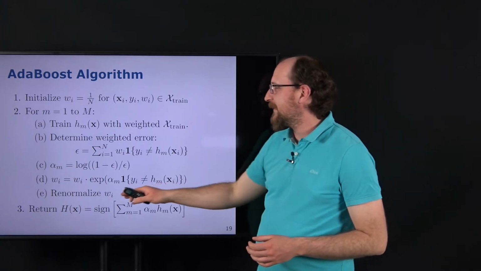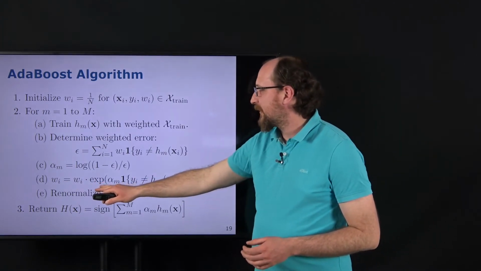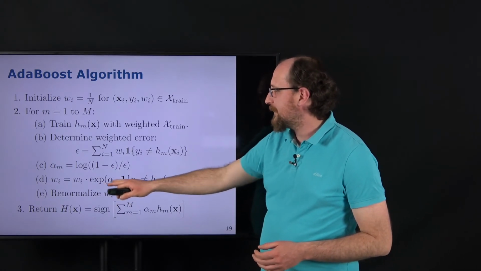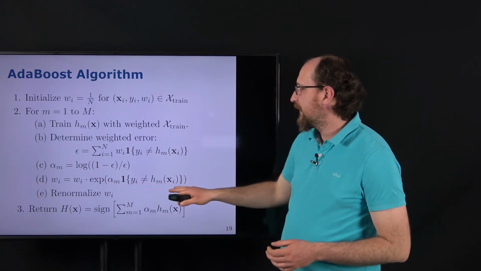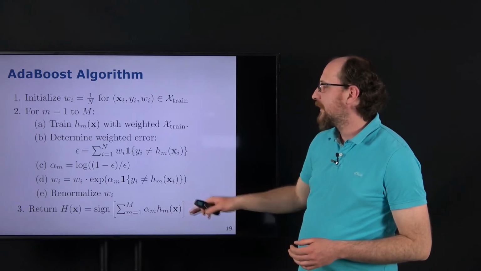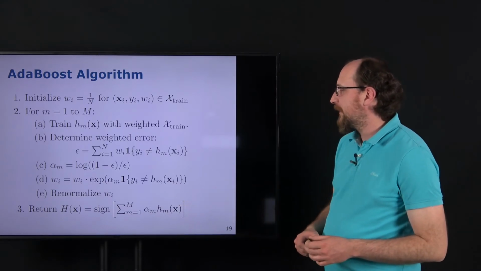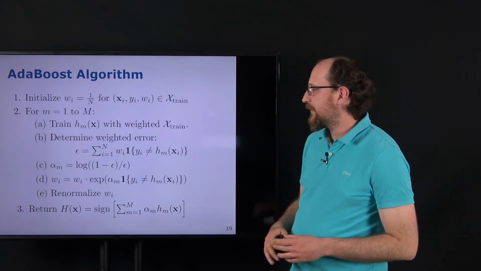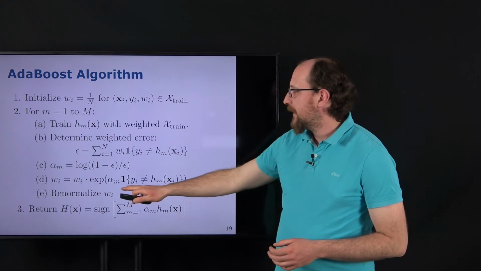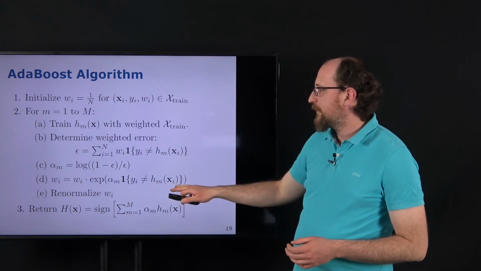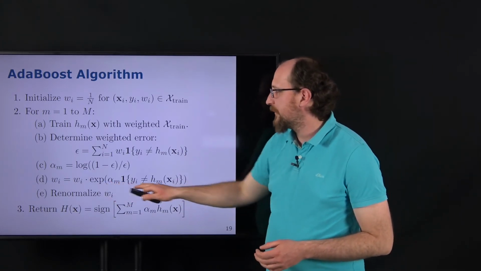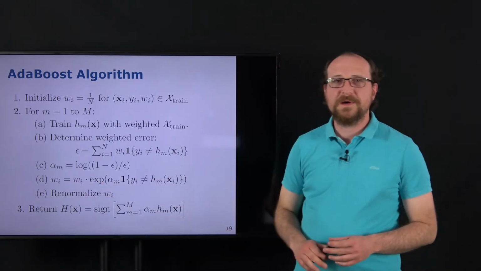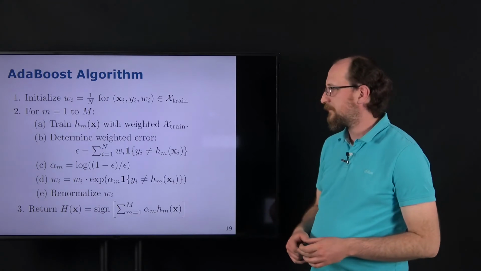The weight is the exponential of this step that we determined, and we only take into account the points that were wrongly classified. So when an example is correctly classified, this term will be 0. The exponential of 0 is of course 1, and so the weight of the correctly classified examples will not change in this round.